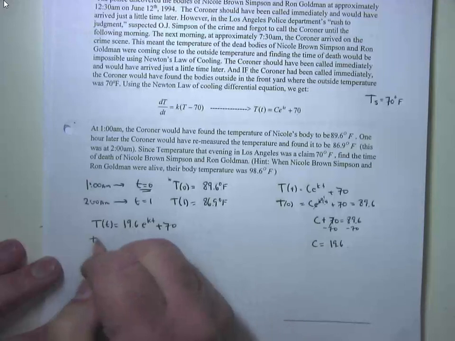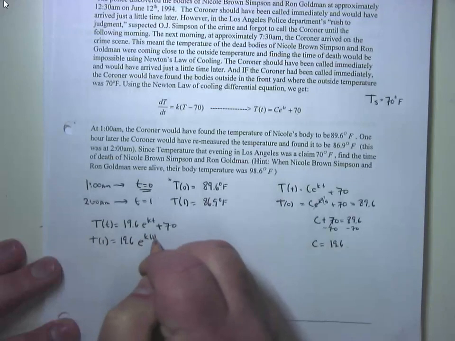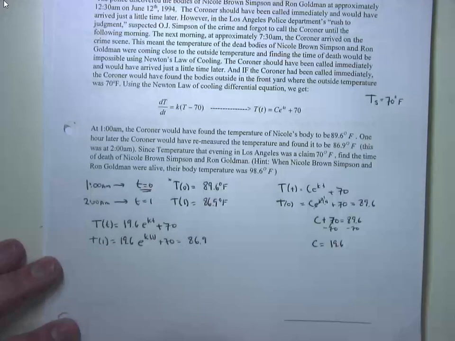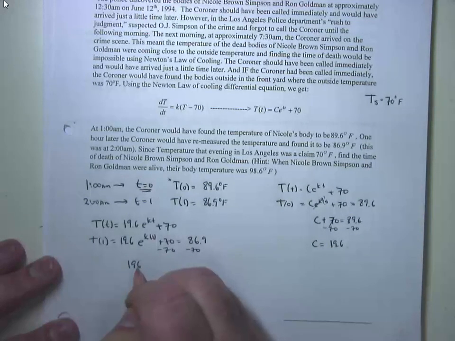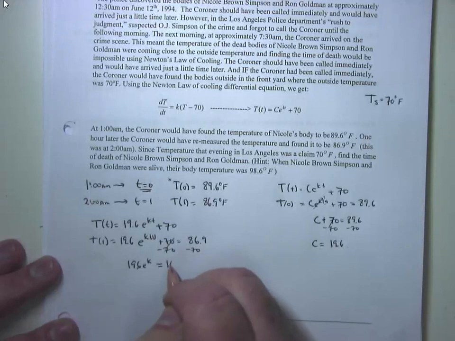So T of 1 is equal to 19.6 e to the k times 1 plus 70 equals 86.9. Solving for k, I'm going to subtract 70. That gives me 19.6 e to the k equals, this cancels, 86.9 minus 70 is 16.9.